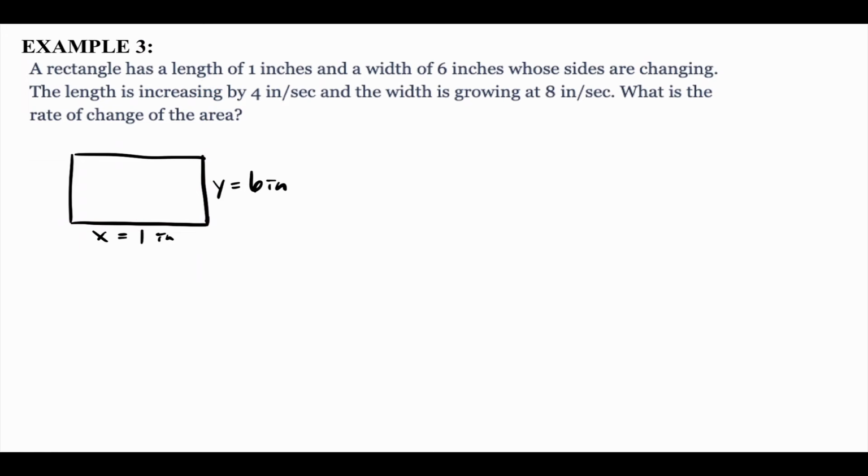How fast is the area growing? Well, if your length is getting bigger and your width is getting bigger, what's going to happen to the area? It's going to be getting bigger too, right? Just how much? At what rate? So let's write down what we know. What do we know about the rectangle right now? What's everything that we know?